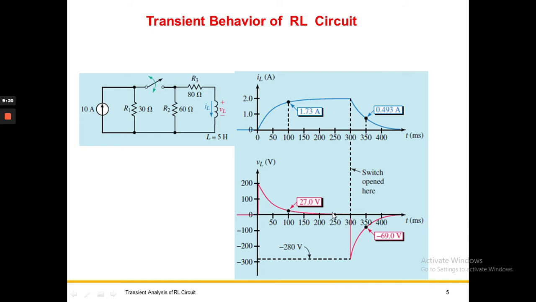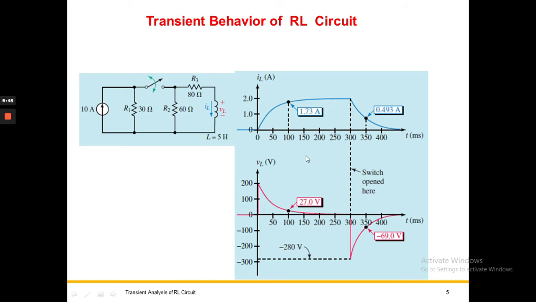Similarly, the voltage across the inductance also will achieve a steady state. At this time you open the switch, so again a transient happens, and it takes a finite time to settle to the final values. These periods we call the transient periods. Then after the transient you will have the steady state.